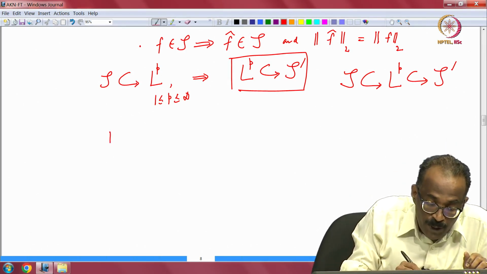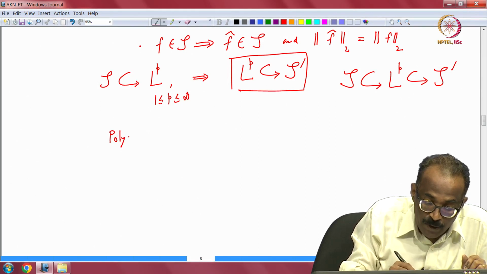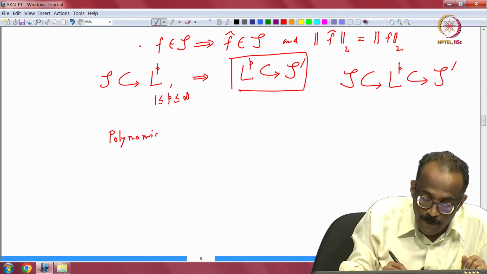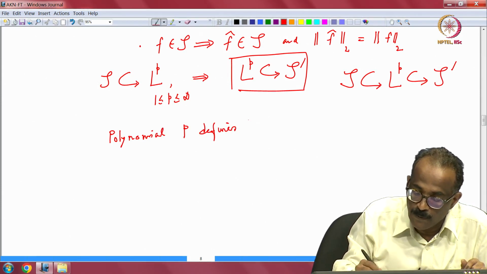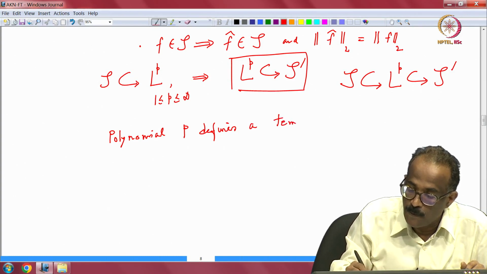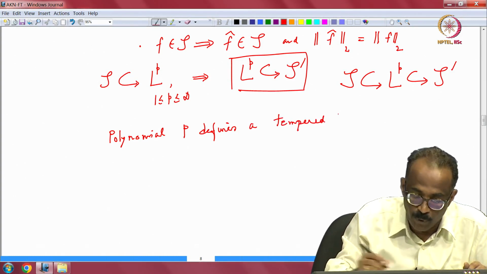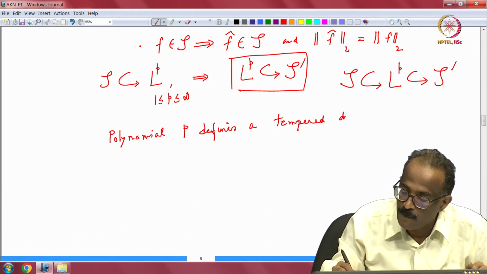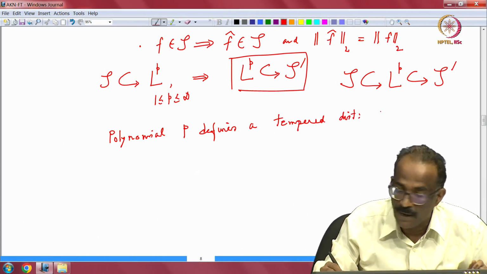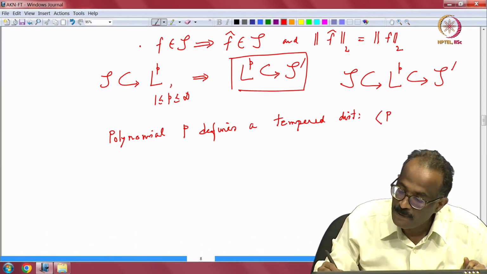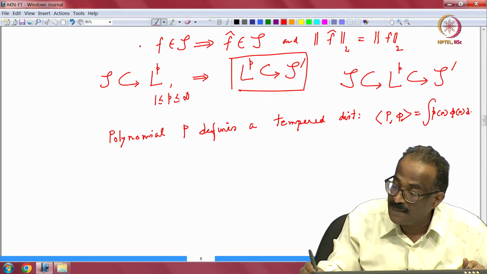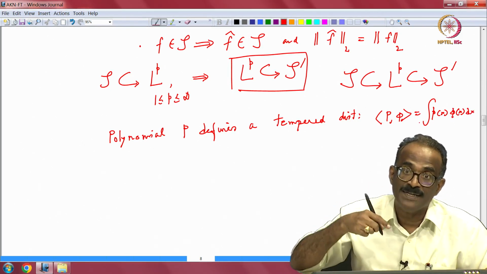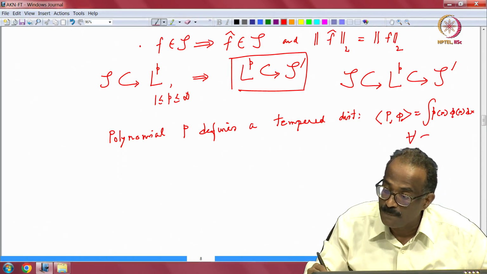Every polynomial P defines a tempered distribution in the following way: P acting at phi is equal to the integral of p of x phi of x dx, and the right hand side is finite because phi is very rapidly decreasing for all phi in zeta.